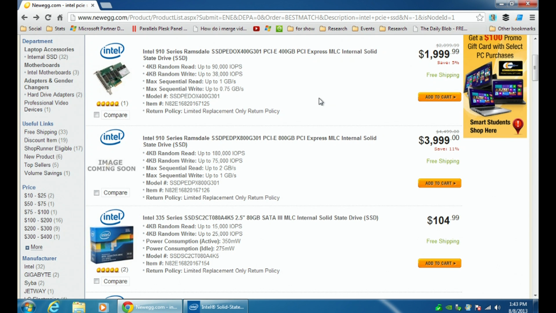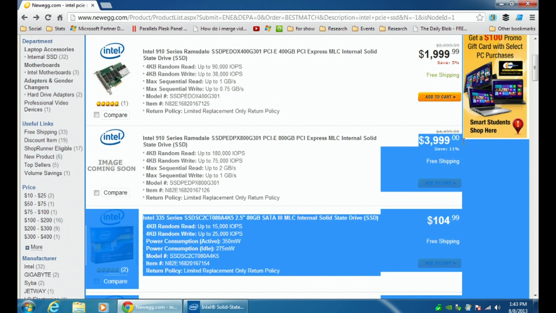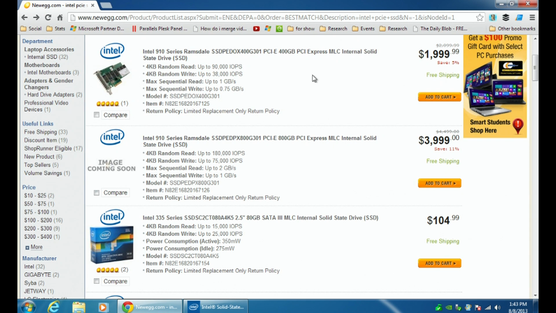The other thing to remember, and this is very important, especially if you're going to be buying these PCI Express drives, is again to look at the performance for whatever drive you're looking at. Because at the end of the day, I in fact may be buying this particular drive right here, and the reason is I want a PCI Express drive. I first saw this one was 800 gigs, $4,000, and I'm like, oh, I don't want to spend $4,000, just like you.